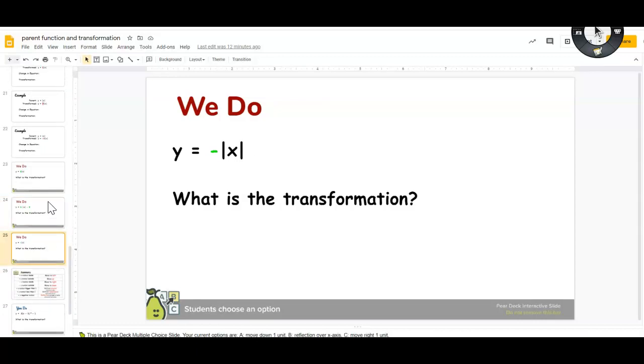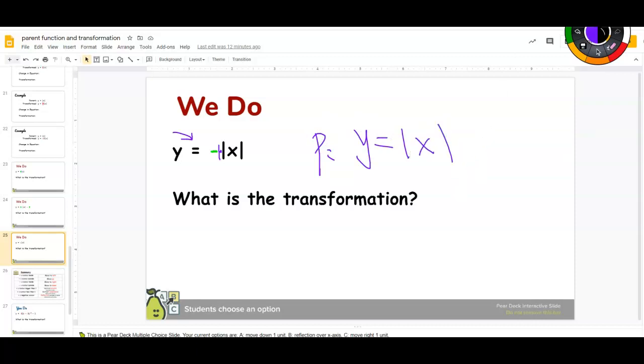But before that, let's look at one more example. Okay, I forgot this one. So here you have this baby equation, and it's kind of special because you just have a negative sign in front. You don't see any numbers. So if you don't see any number, what number do you see? It means an imaginary 1. So this time we times -1 in front of the parent equation. The parent equation is still y equals absolute value of x.